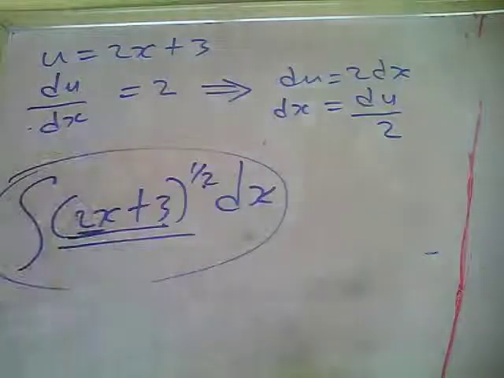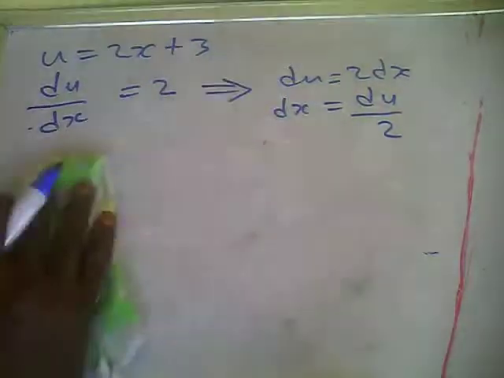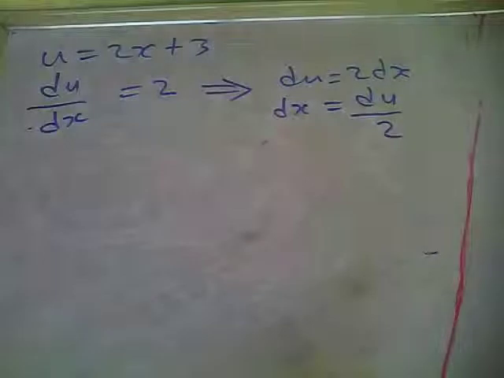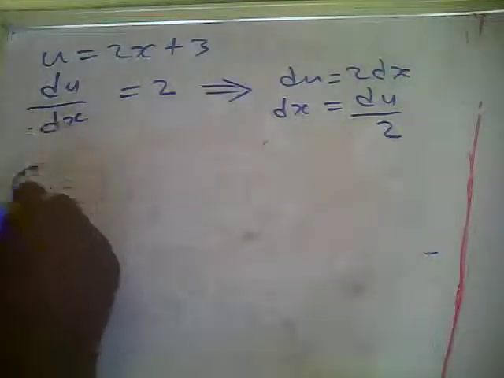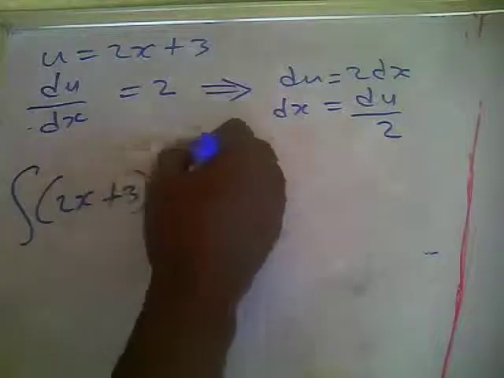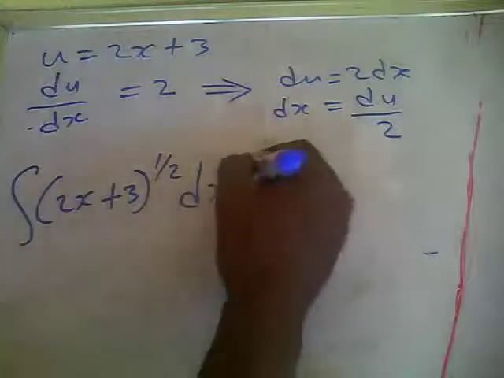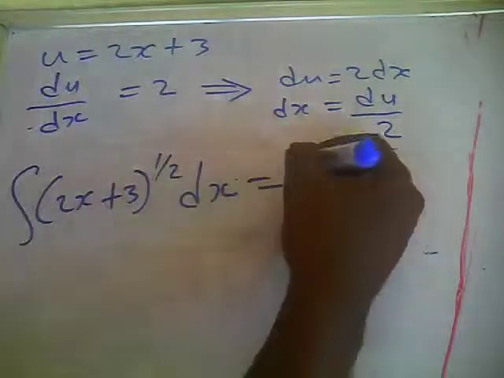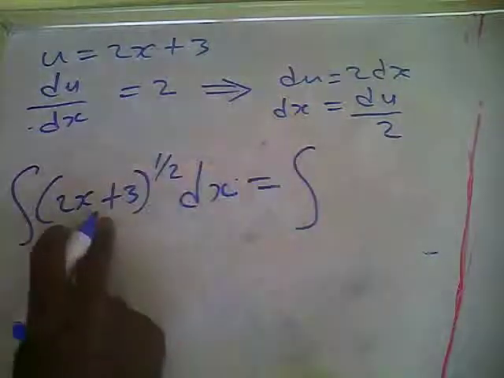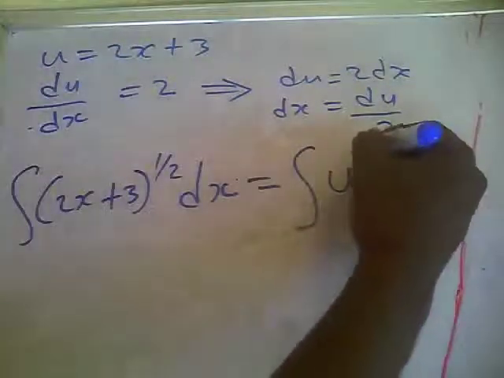We just try to make dx the subject of that formula, and we understand why that happened. Now remember we have 2x plus 3 to power half, so instead of writing the integral of 2x plus 3 to power 1 over 2 dx, we can now do complete substitution. Then we have the integral, our 2x plus 3 is u from here, so we put u, then to power half.